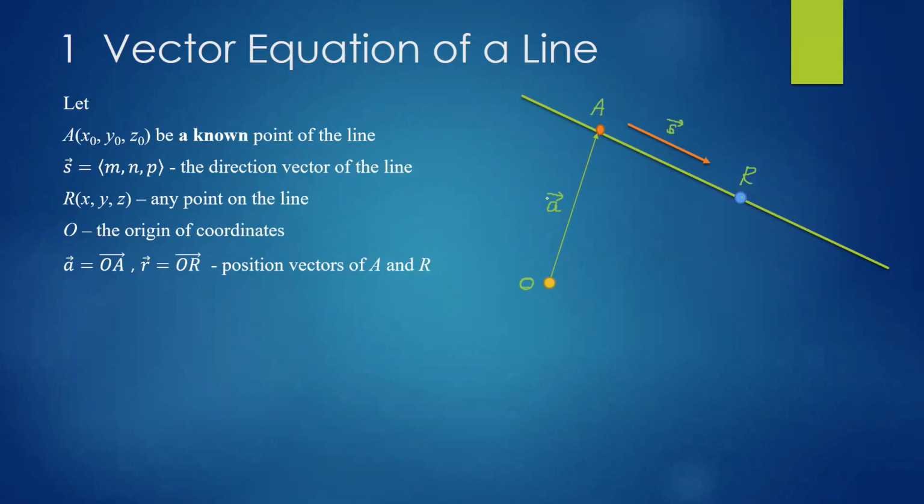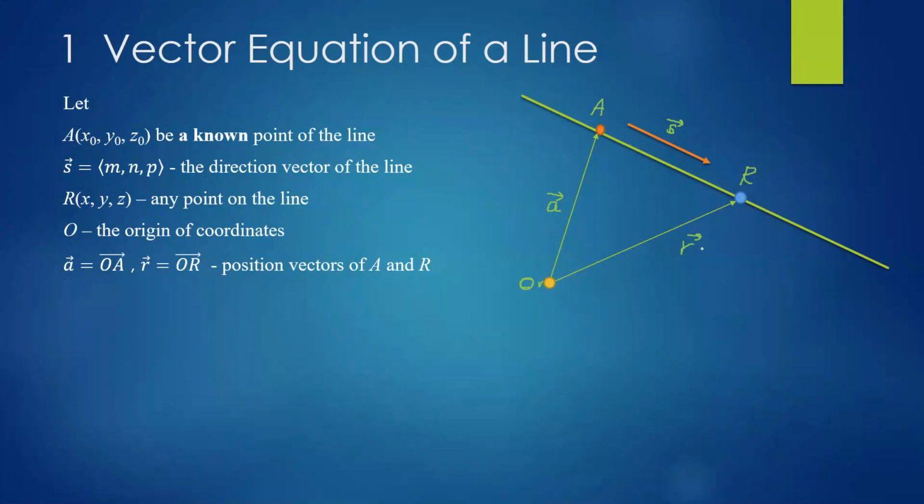It starts at the origin, and therefore the coordinates of this vector are exactly the same as those of point A. And similarly, the radius vector or position vector of the point R, OR, which can also be written as vector r, lowercase.